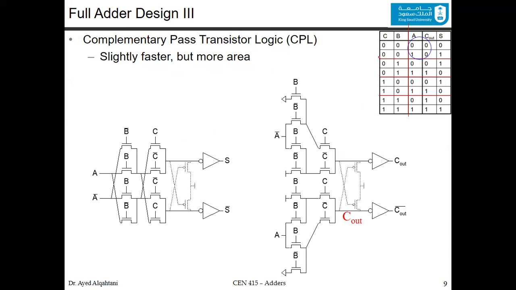That's basically the idea. So we divided this truth table into 4 regions, and now we compare for C equal to 0 and B equal to 0, what happens to the carry out? So you compare and you find out that the carry out is going to be equal to 0. So here we can say that it is 0. Let me put it like here.